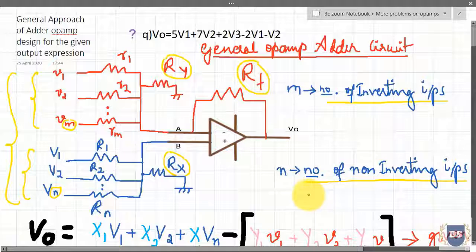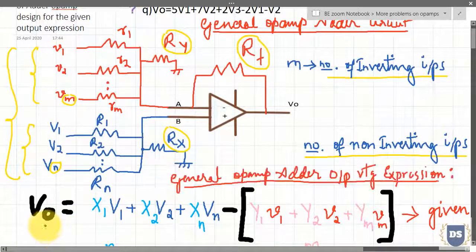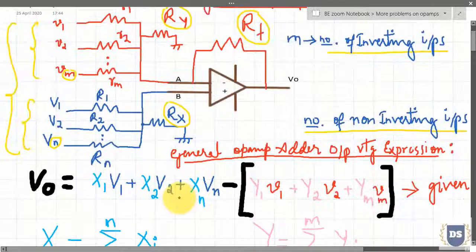Now, for the given general op-amp adder circuit, we can think of a general output voltage equation as given below, where V0 indicates the output voltage, and you can make out the difference between the V's used in this equation.